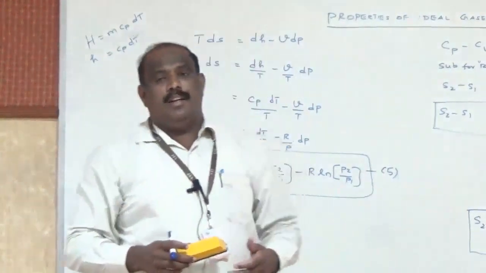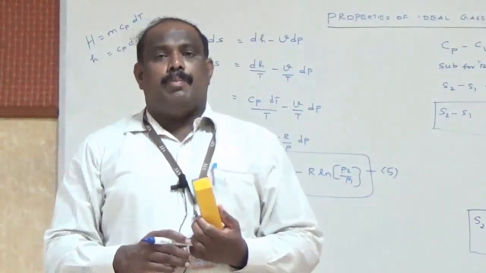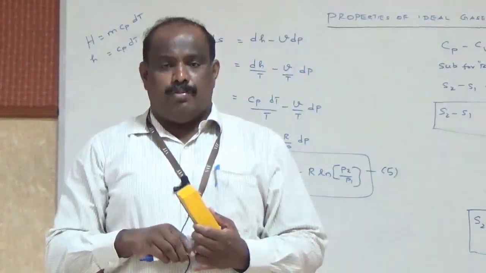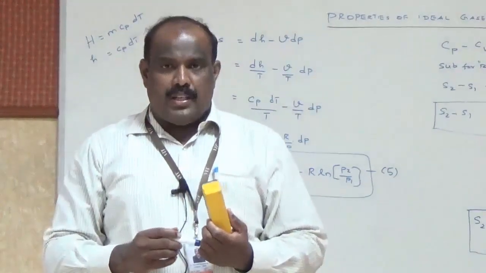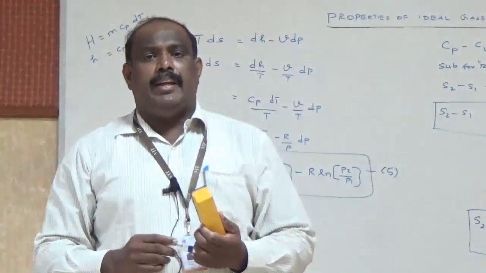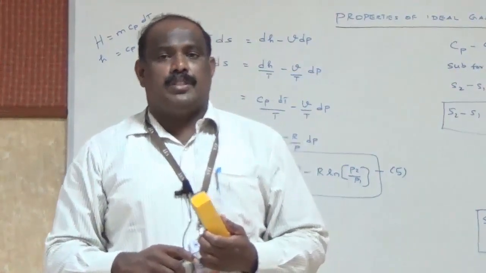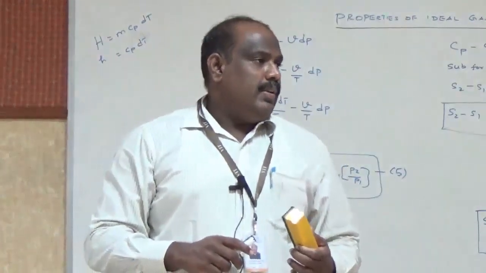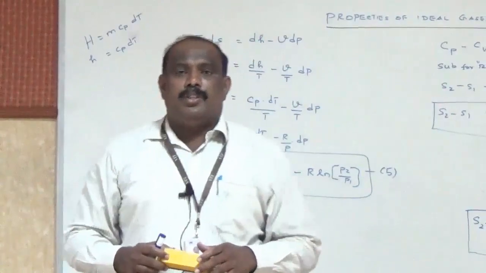In the next session, let us discuss Dalton's law of partial pressures, Avogadro's law of partial volumes, and how to find the equivalent gas constant, equivalent enthalpy, entropy, and other properties related to gas mixtures. So with this section, we are ending the individual gases. In the next session, we will continue with the mixture of gases.